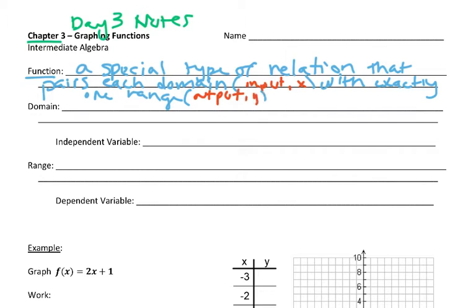Alright, so the idea here is that if you have an equation, if you make that a special equation, it's going to end up being a function. And so we will talk about what makes a function on the next slide.